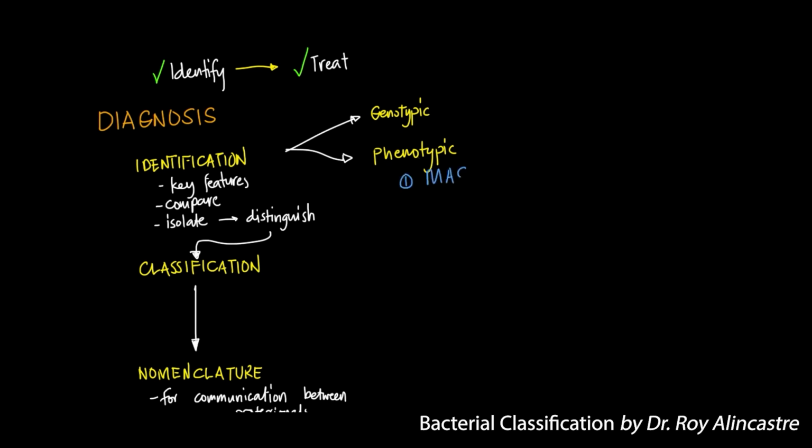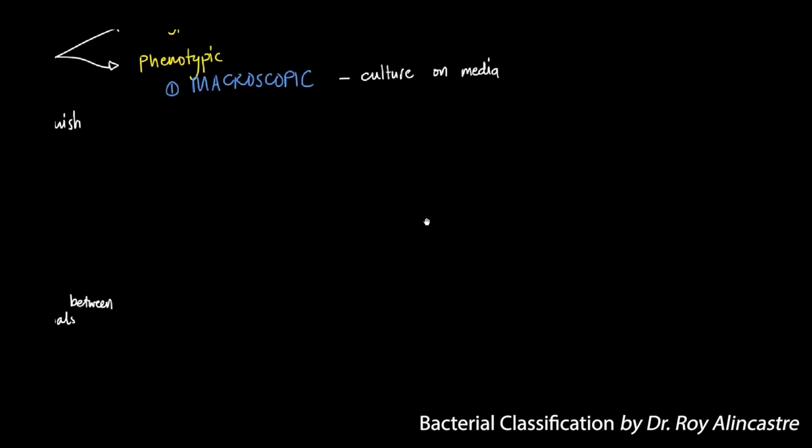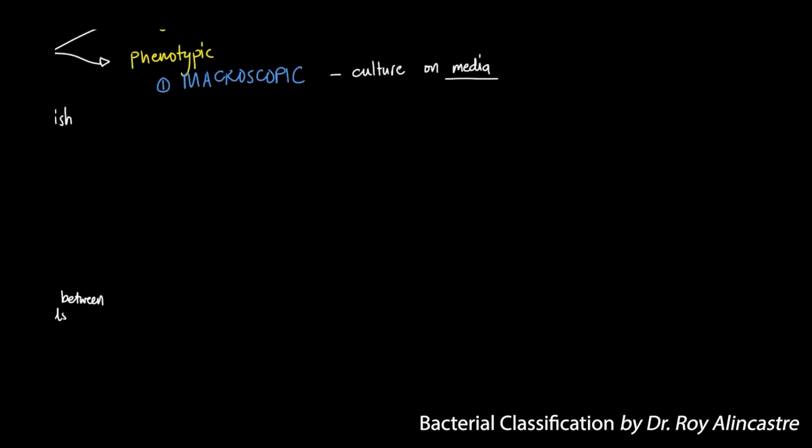Examples of characteristics used to identify bacteria include, first, their macroscopic morphology on culture. This means how they grow on artificial media as observed when inspected with the unaided eye. Media used in the culture of bacteria are either selective or non-selective.